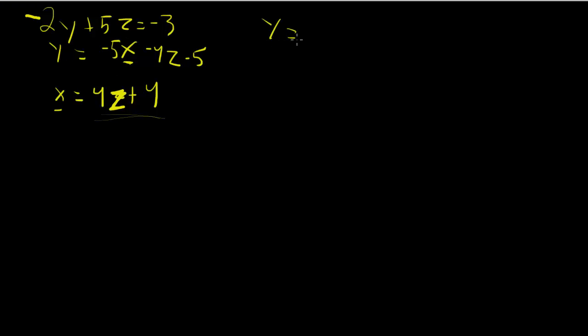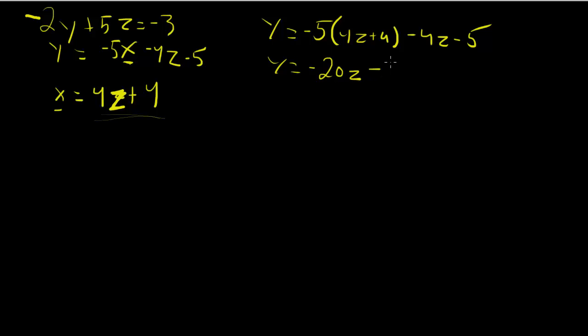I'm going to write y equals negative 5 multiplied by the quantity 4z plus 4 minus 4z minus 5. Okay, and then we just continue. y equals negative 20z minus 20 minus 4z minus 5. So you get y equals negative 24z minus 25.